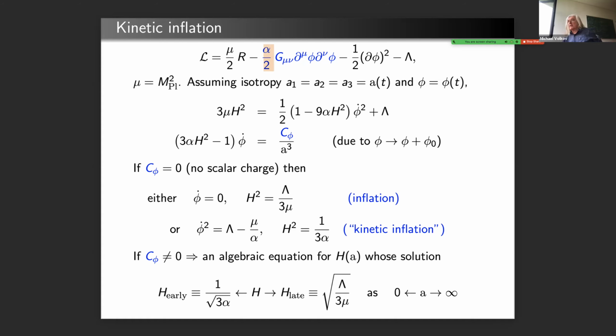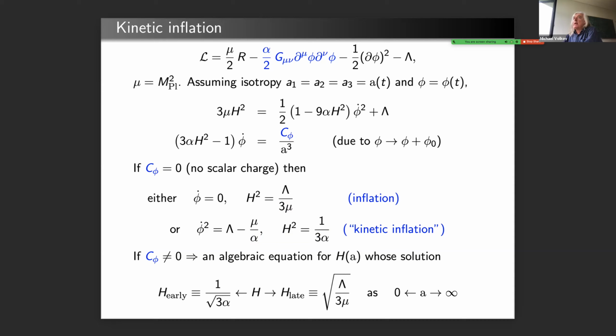That's why the model is sometimes called kinetic inflation. So one can speculate that this alpha is given by some quantum corrections, and therefore it's small, therefore H squared is large. This is in the case where the scalar charge is 0.